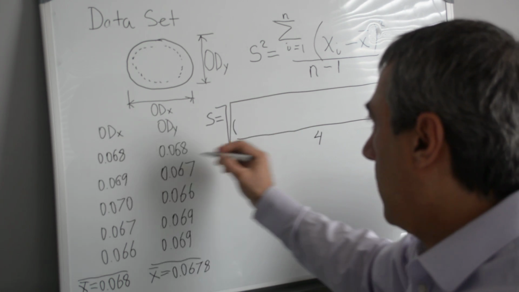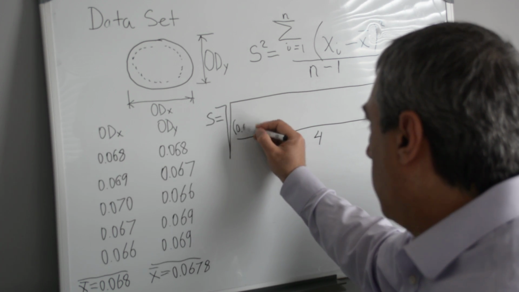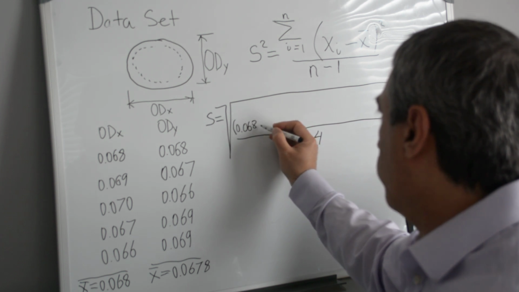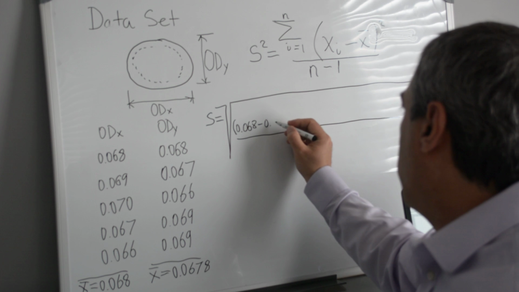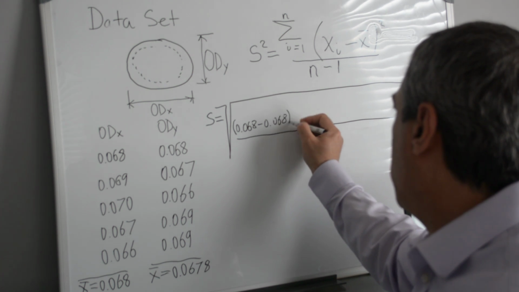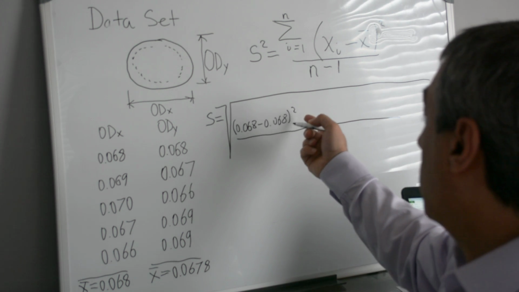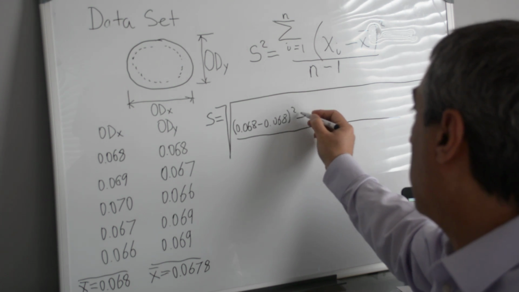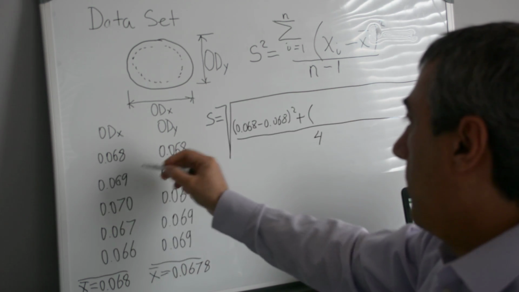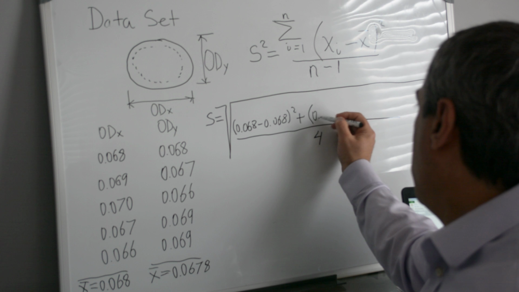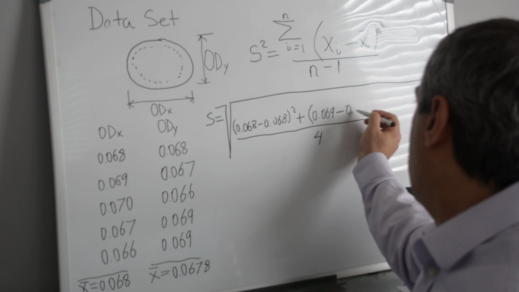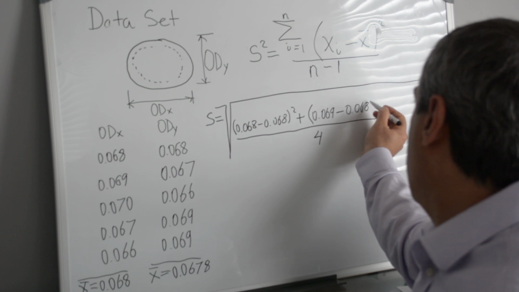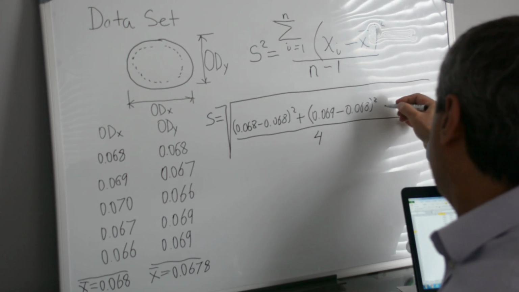We have the first entry, 68 thousandths of an inch, minus sample average, which is 68 thousandths of an inch, and we take the square of it. Certainly that's a 0. Then 69 thousandths of an inch, second entry of your data set, square.